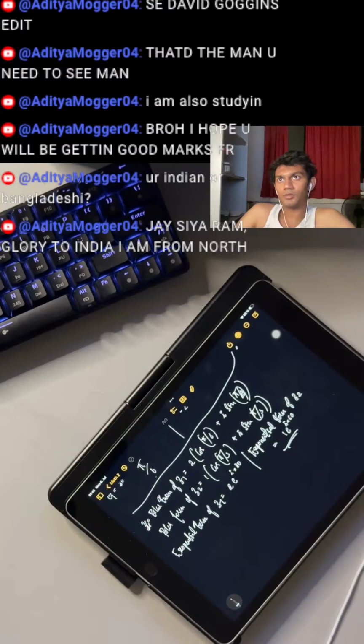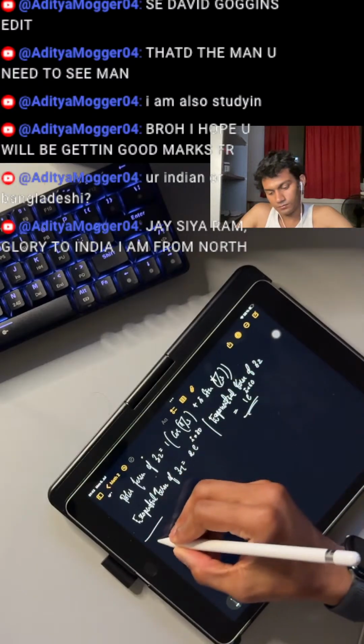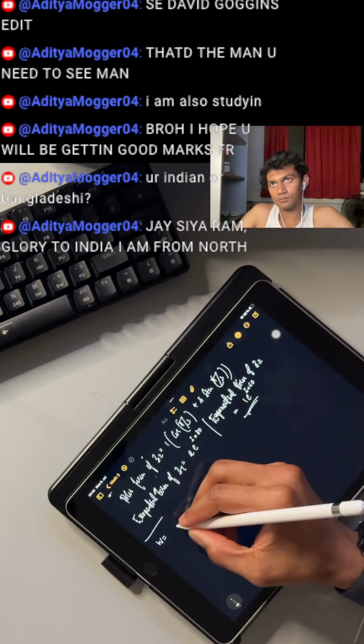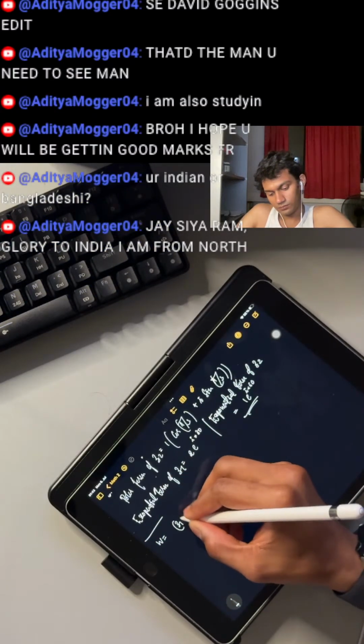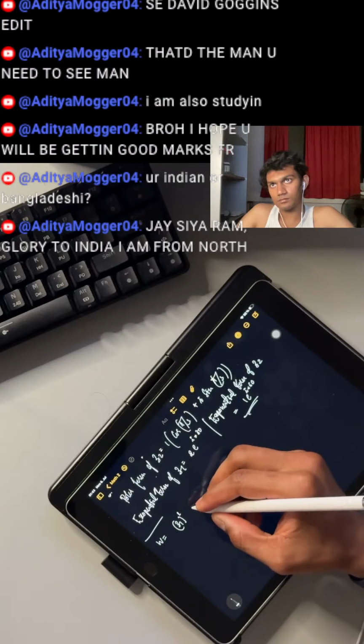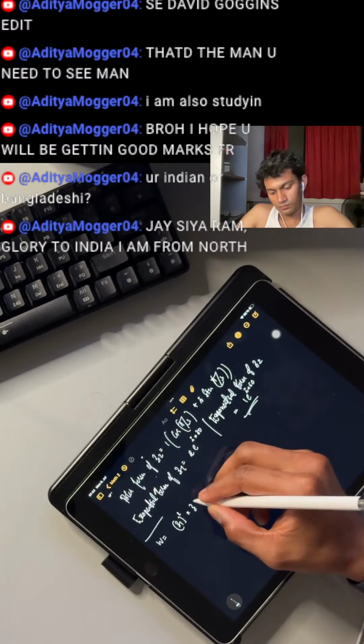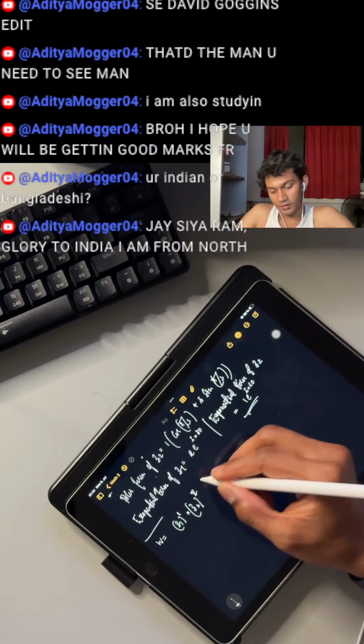Compute W equals z1 squared times z2 using the exponential form, and then determine the real and imaginary part of the result of W. Okay, there's more to it.